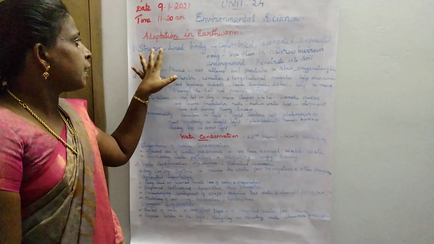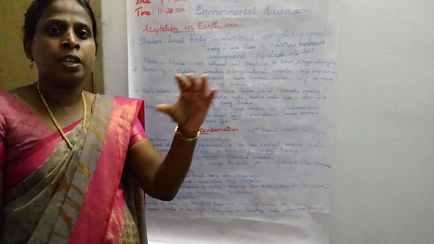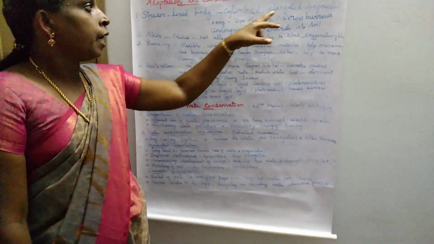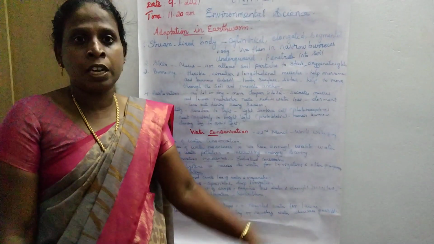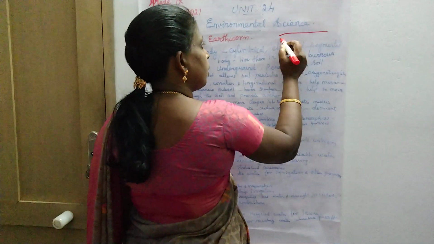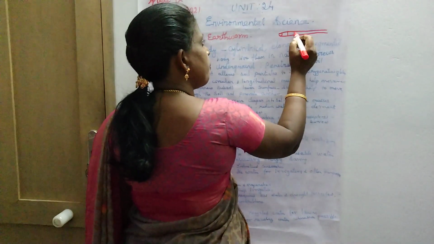The first one is streamlined body. The earthworm has a long, cylindrical, elongated and segmented body. It consists of many segments.